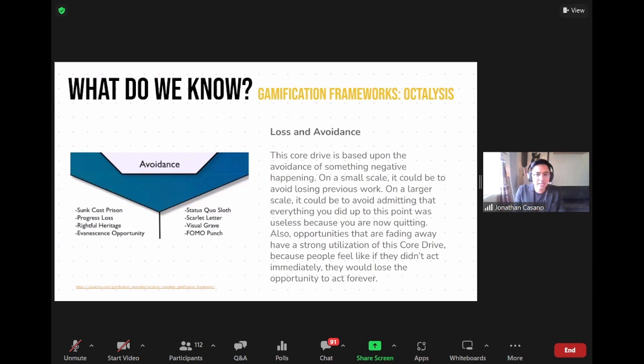And if you can design your gamification intervention in such a way that if you don't do this now, you lose the chance to do it forever, very effective.